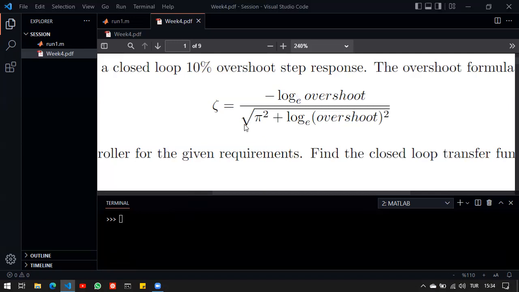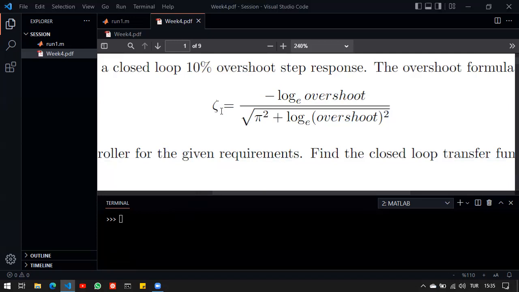Most of the time you see the inverse formula here, which is an exponential formula, e to the power of minus pi zeta divided by, and so on. Here we have the inverse relation. The reason for that is the following. We don't want to calculate the overshoot that corresponds to zeta.